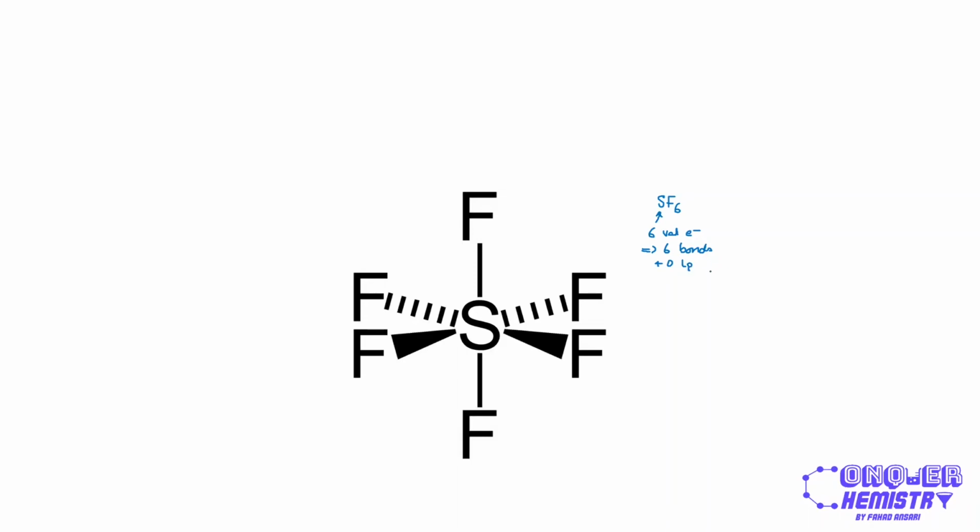And so they repel each other equally. And so the shape turns out to be octahedral, right? With bond angles of 90 degrees throughout. And over here, you can see that these two SF bonds are going out of the screen towards you, and these 2 bonds over here are going into the screen away from you.